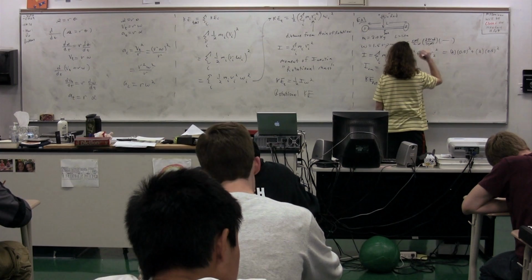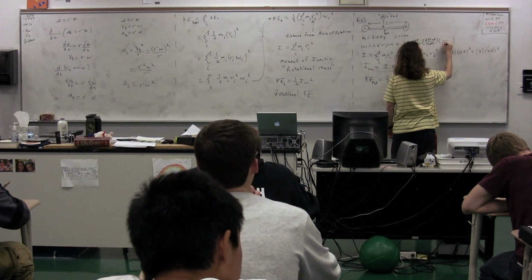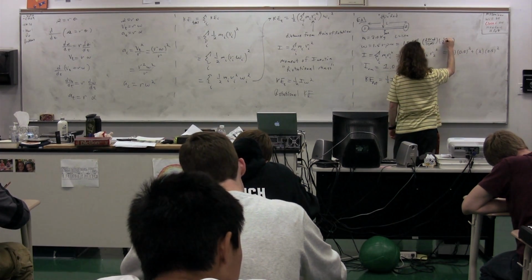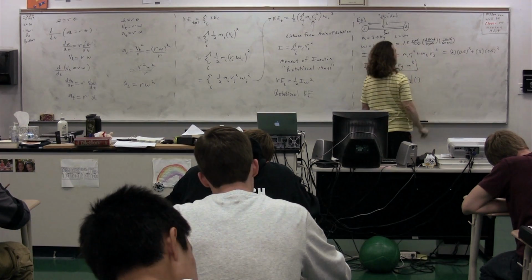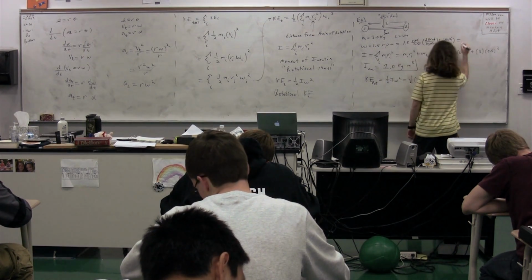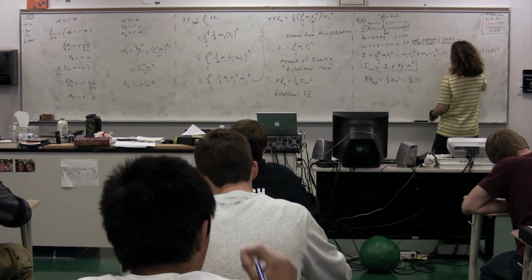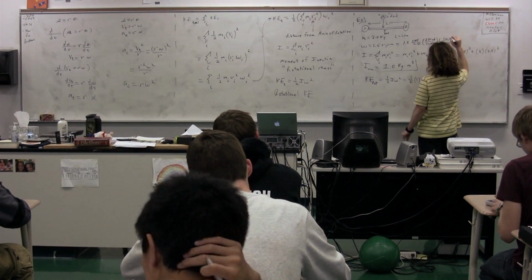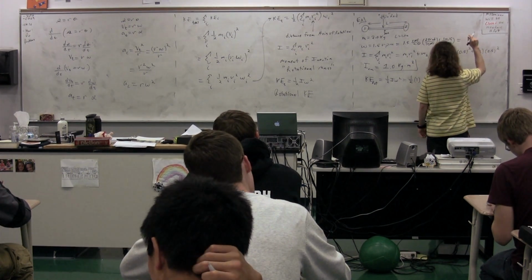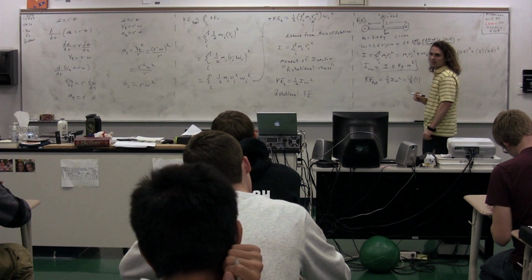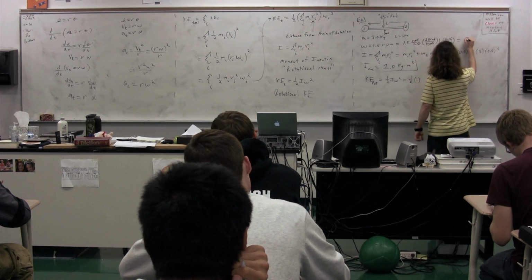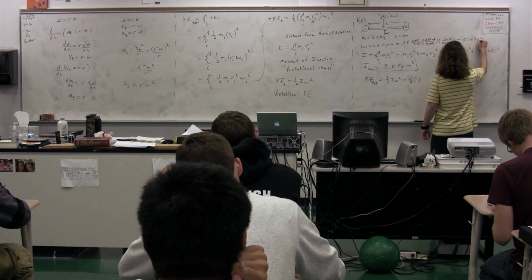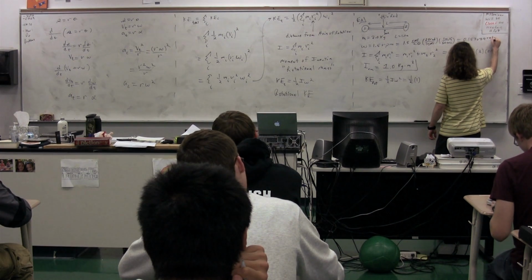On the denominator, you have 60 seconds. In the numerator, you have 1 minute. Minute cancels out. We're now in radians per second. Can I please have the number here?